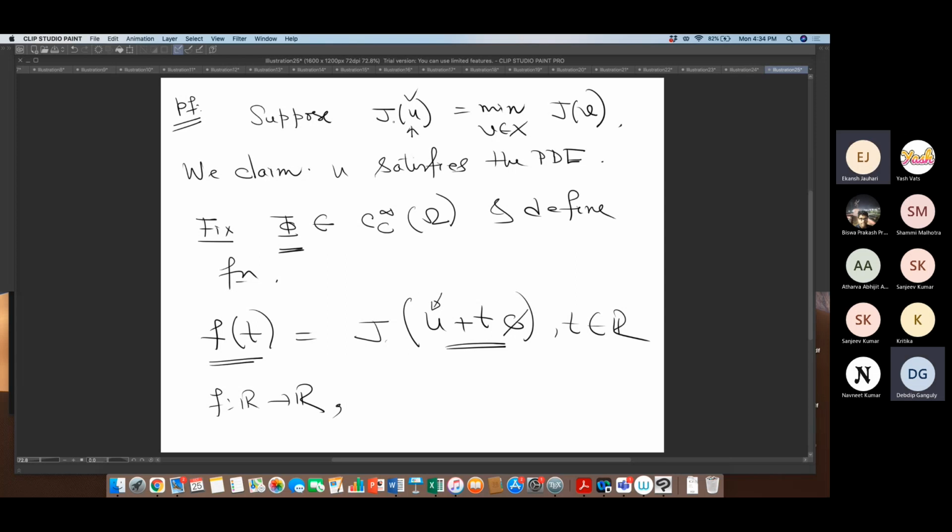If J attains its minimum at u by the hypothesis, then f(t) = J(u + tφ) has a minimum at t equal to 0.